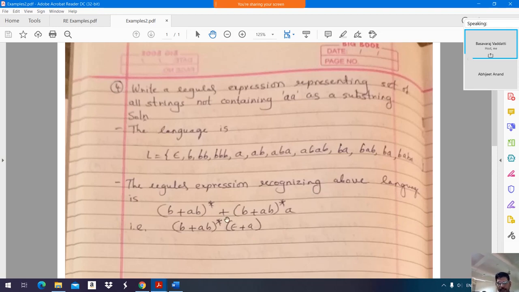Therefore, I have this second component of the regular expression, the same thing, (B plus AB) star, but at the end I have A. With the help of that, we can generate strings ending with A.